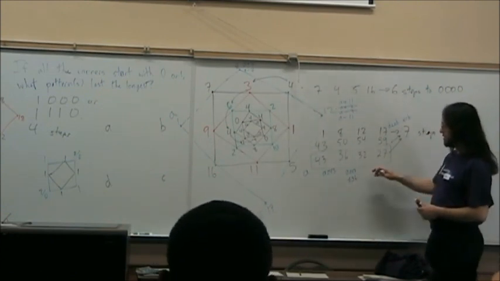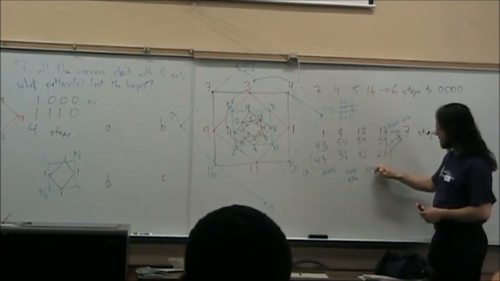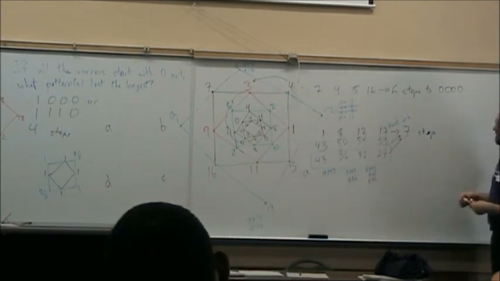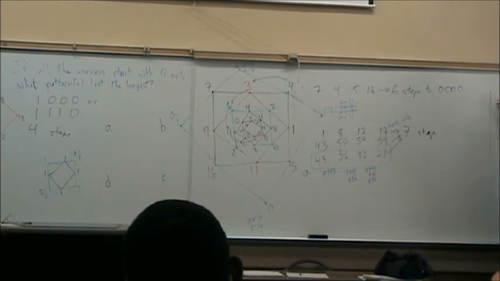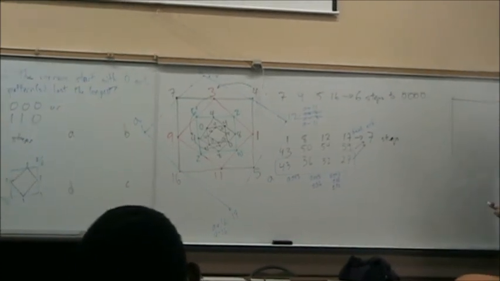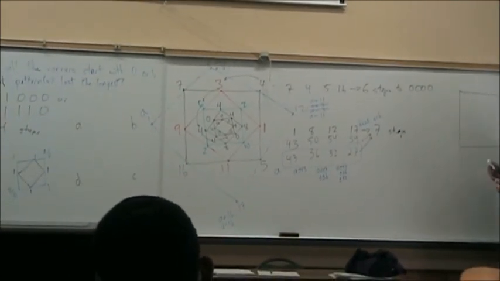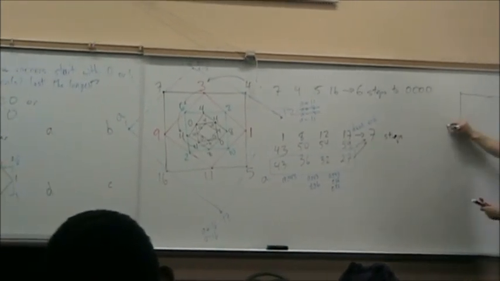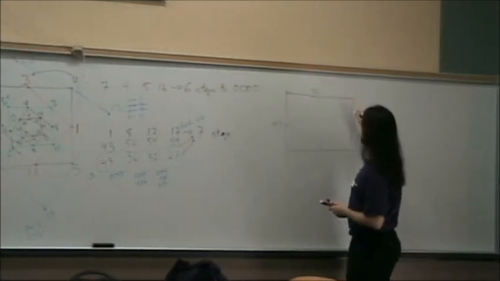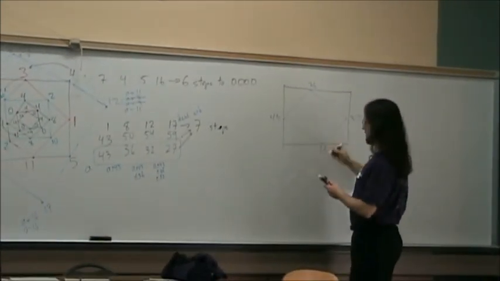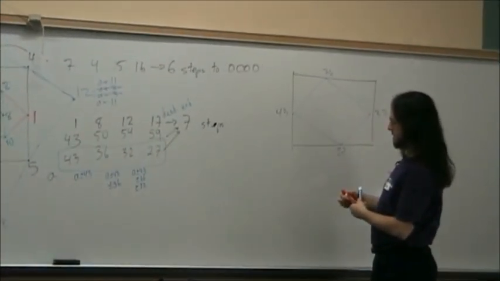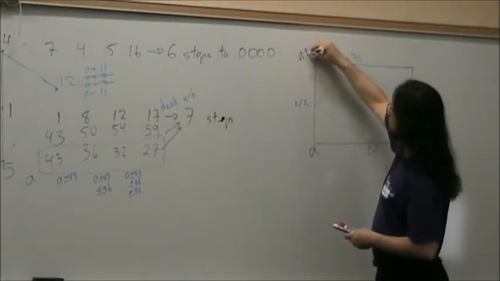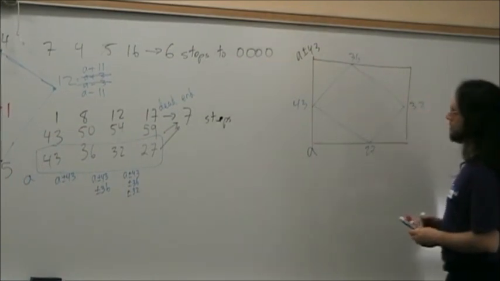And then I go 32, and I have A plus or minus 43, plus or minus 36, plus or minus 32. So if I look at it in terms of the big square, in my example 43, 36, 32, 27, and I start with some number A here, this has to be 43 away. It's either 43 more or 43 less.